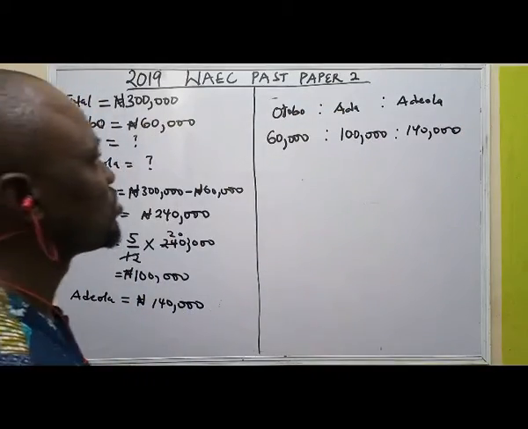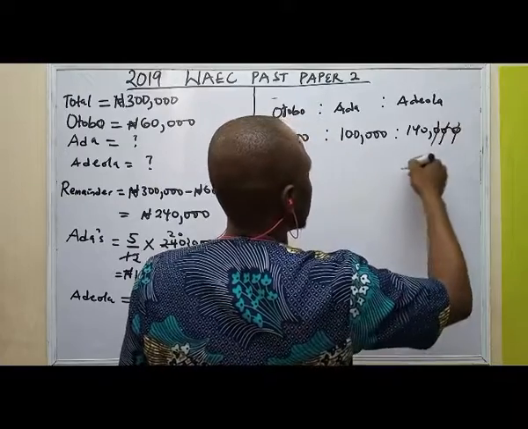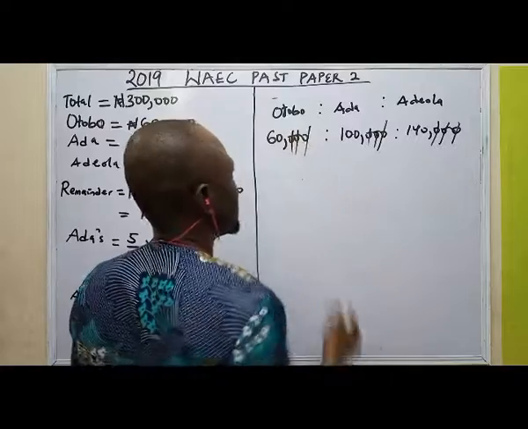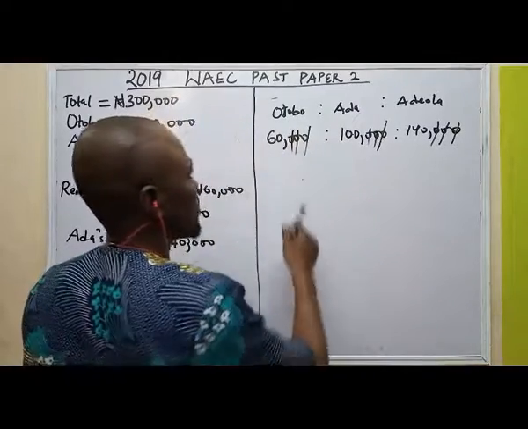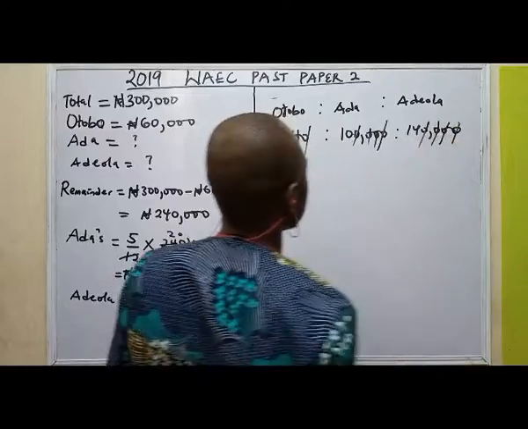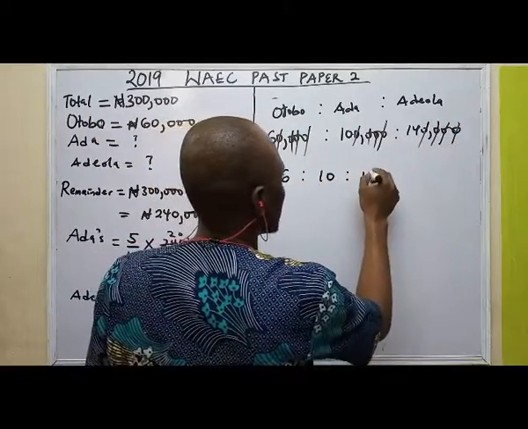What I need to do is reduce all the zeros: 1, 2, 3 zeros in each. So I cancel these, and what do I have? I have 6 ratio 10 ratio 14.